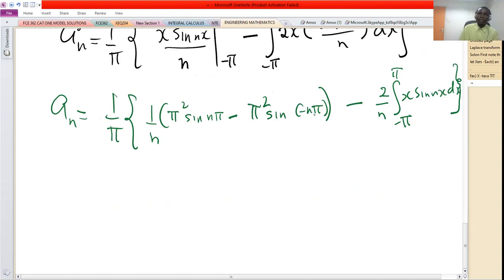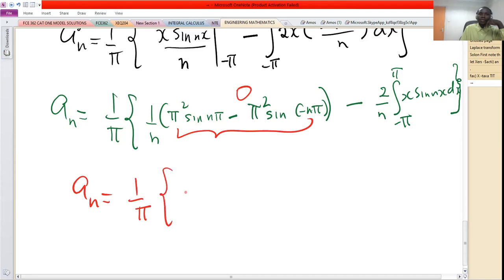So this negative will have now sine of multiples of 180 giving us 0. So all of these will be 0, so that an equals 1 over pi into minus 2 over n integral from minus pi to pi x sine nx dx.